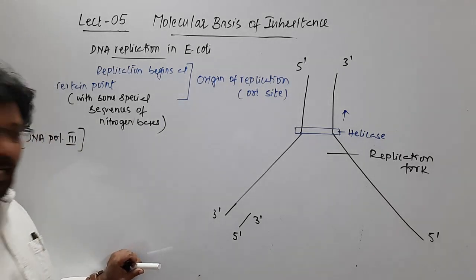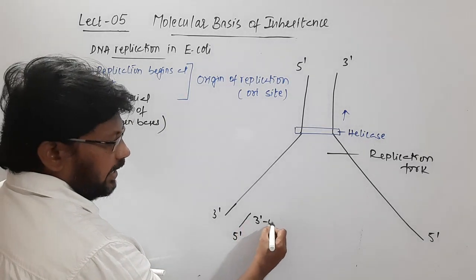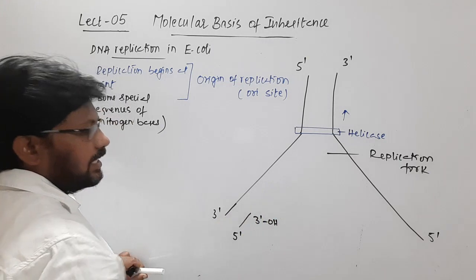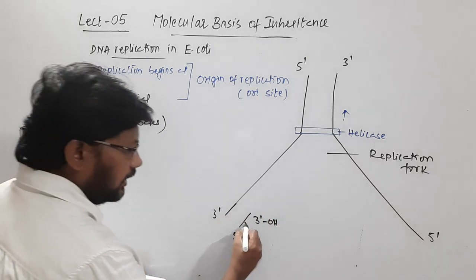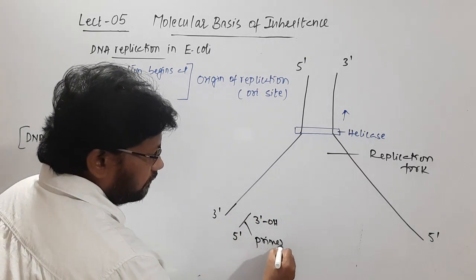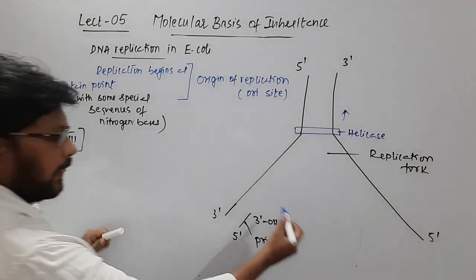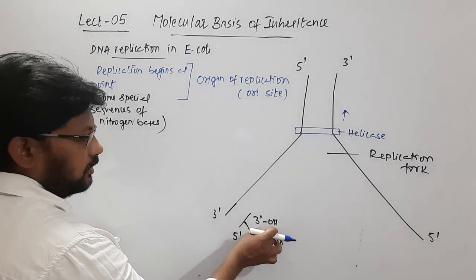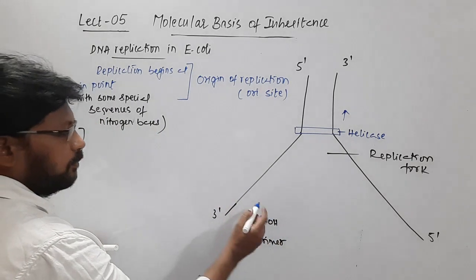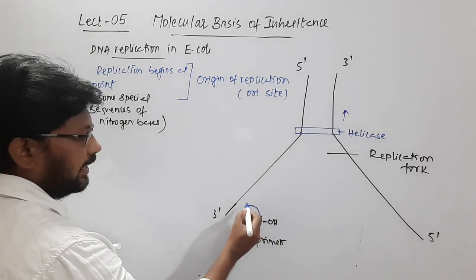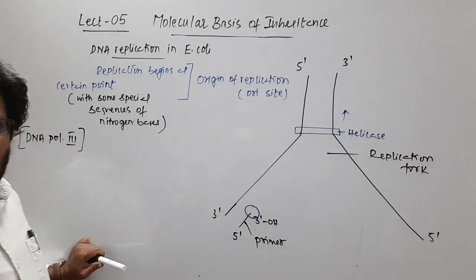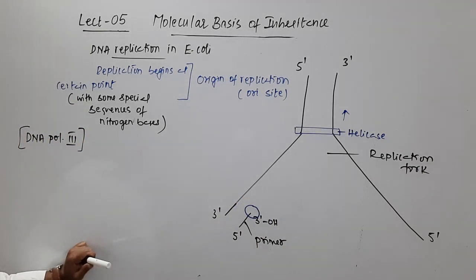So this is the point where the OH end is available, and this is a primer. Now when this 3 dash OH end is available, DNA polymerase 3 will bind here, and it starts adding nucleotide by nucleotide.